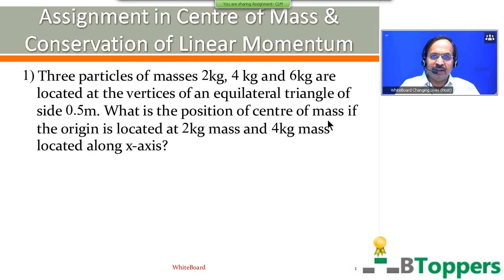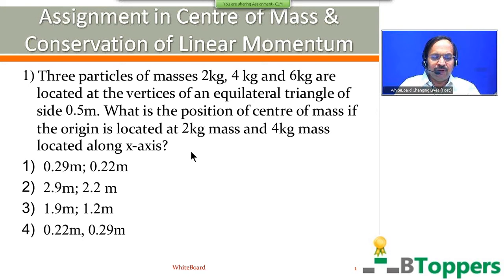What is the position of center of mass if the origin is located at 2 kg mass and 4 kg mass located along x-axis? Come on, start trying the question. I'll show you the 4 options on the screen.